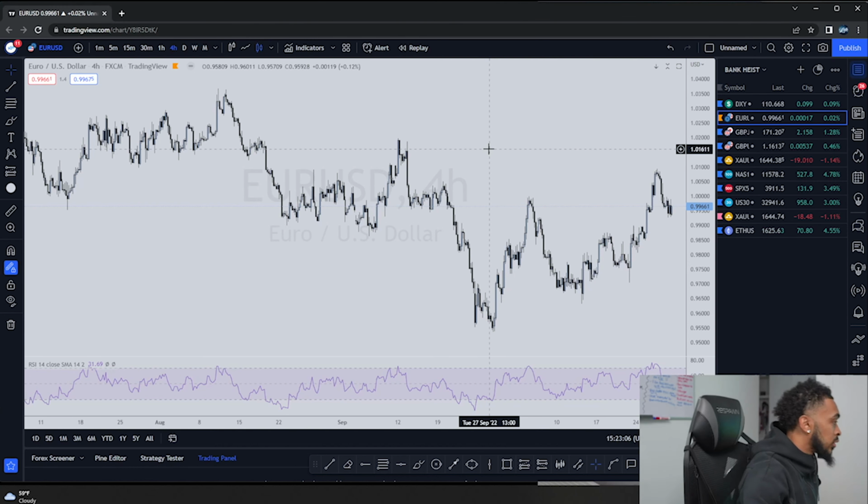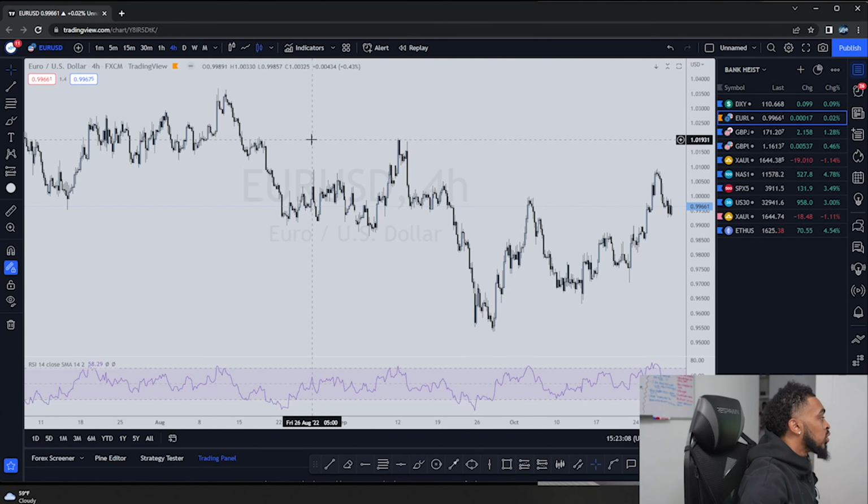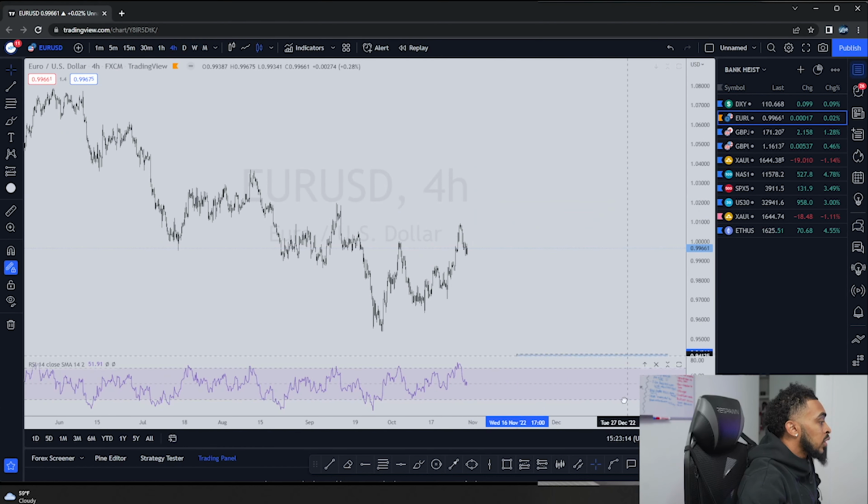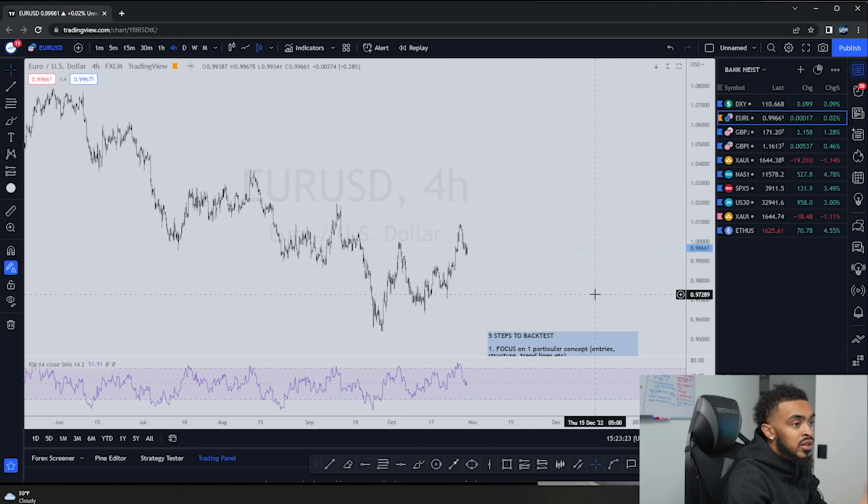All right, so here we currently have pulled up Euro USD. This is going to be the pair that I'm going to be giving examples on. The very first step to properly backtest, and it's super important that you guys understand that these are concepts and they're not just end all be all. Everything that I'm going to be giving you guys, you can either decrease it or increase it, right?